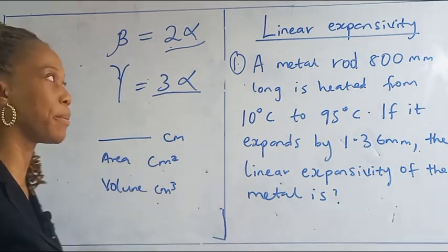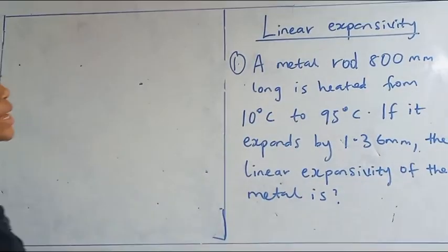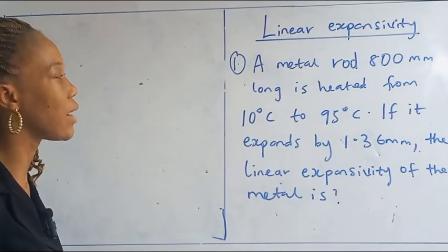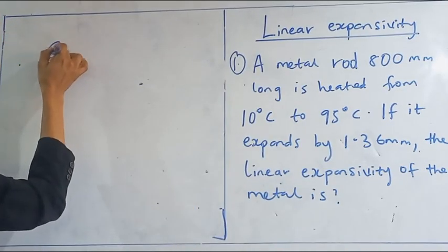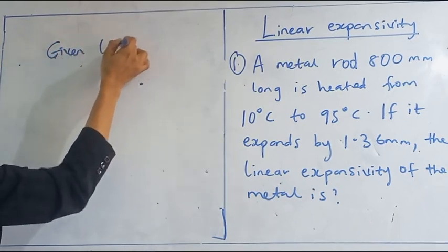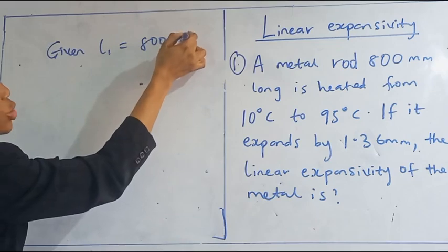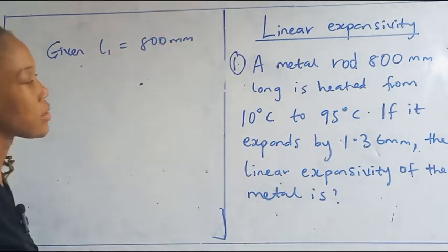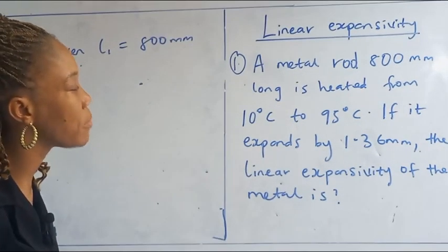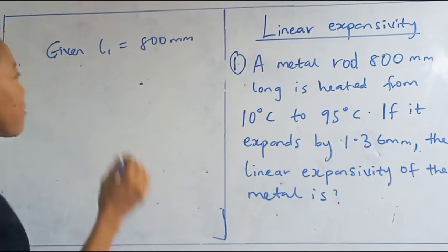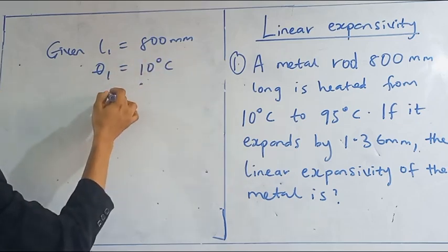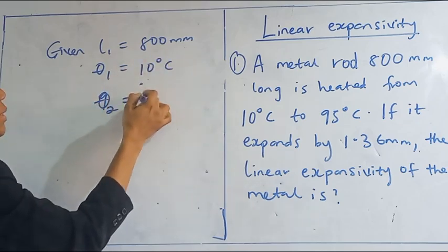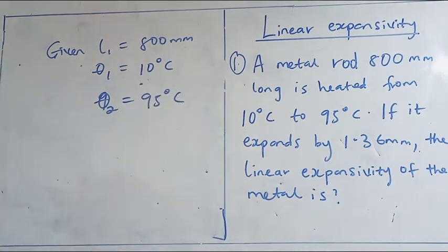Let's take this example. A meter rod 800 millimeters long is heated from 10 degrees Celsius to 95 degrees Celsius. L1 is given as 800 millimeters. It means that theta 1 is 10 degrees and theta 2 is 95 degrees Celsius.